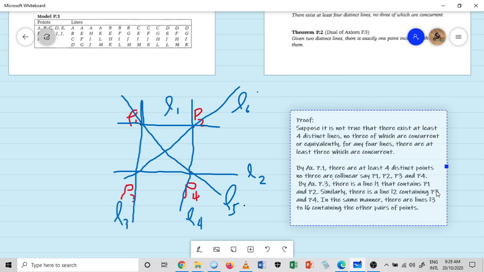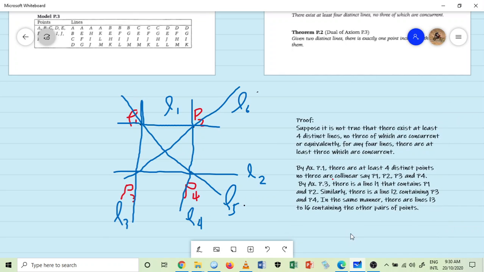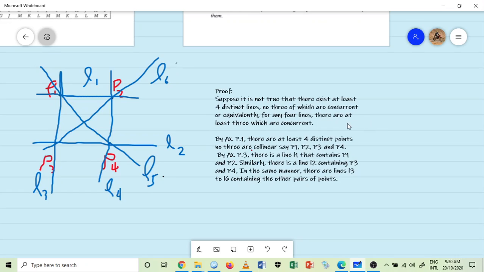So this would mean that, let me continue now this time by writing on the whiteboard.